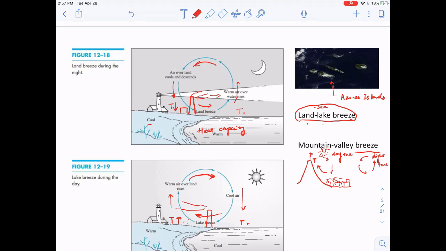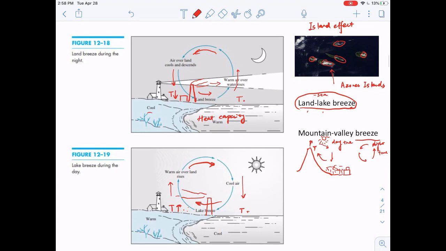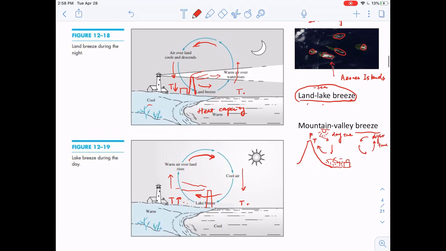So you can see that over the island there are a lot of clouds, right? We call this effect the island effect. And this is also because of this land-sea breeze. What you can see is that during the daytime, the wind is blowing from the sea over the land, right?